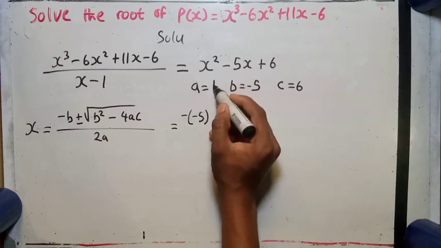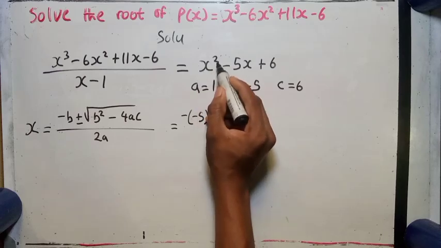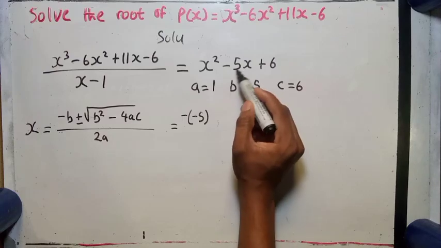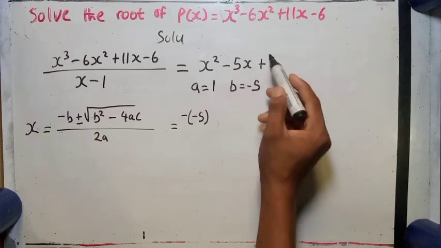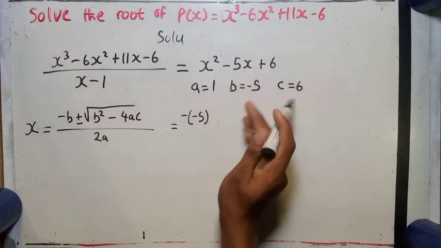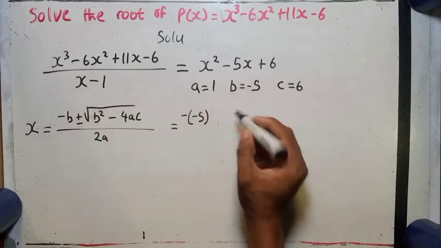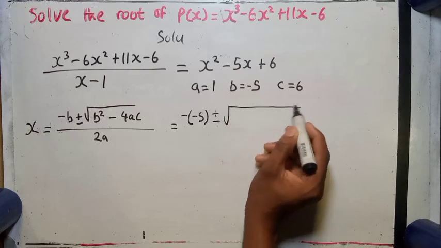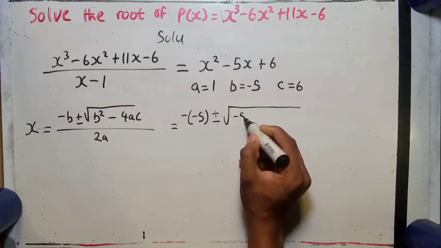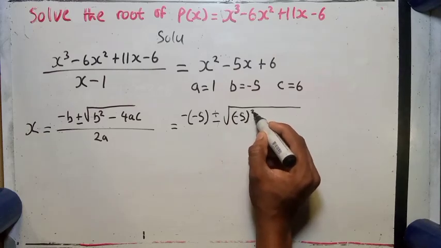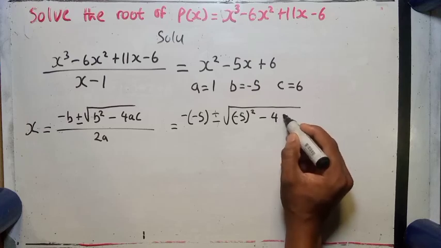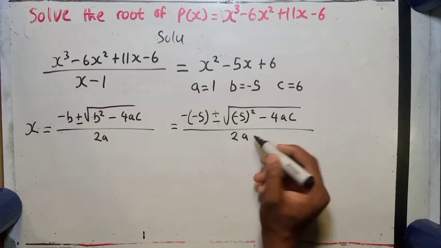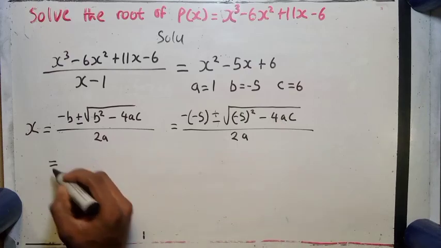Remember, our a is the coefficient of our x square, our b is that of our x, and our c is the constant. So we're just substituting these values into this: plus or minus the square root of minus 5 all squared minus 4ac over 2a.